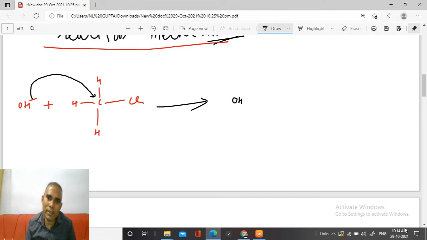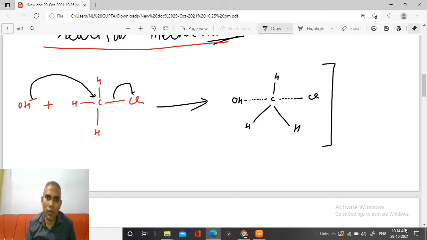OH is going to make a bond with carbon; I am making a dotted line because the new bond is going to be formed, students. And this bond is going to break, and that is also a dotted line. So the OH-C bond is forming and the C-Cl bond is breaking.